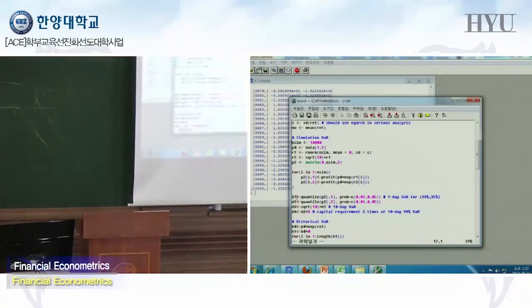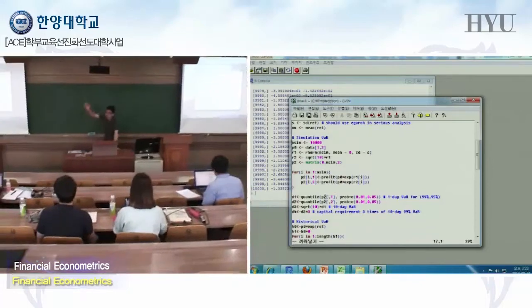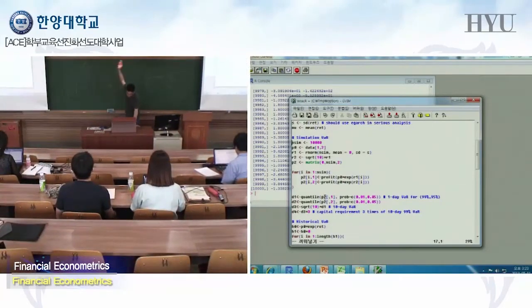In order to calculate the 1 day value at risk, I use the first column of the P2 matrix, and then I want critical values of 0.01 and 0.05. Therefore, it is the 1 day value at risk for 99% and 95%.